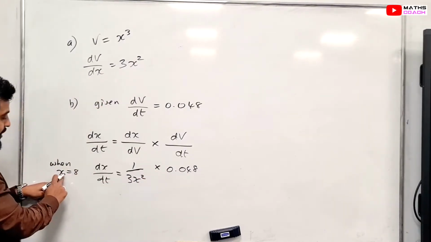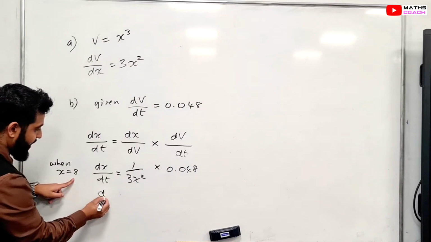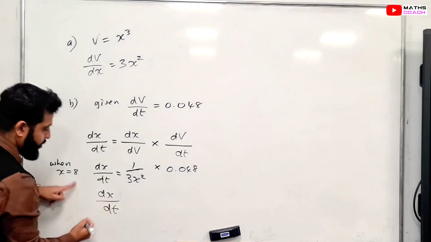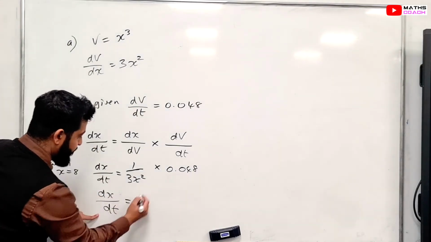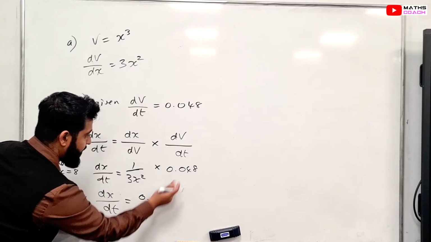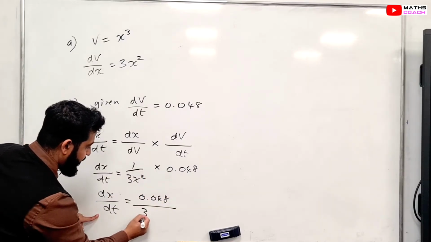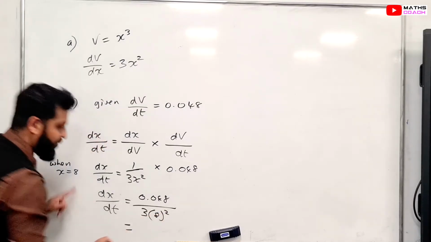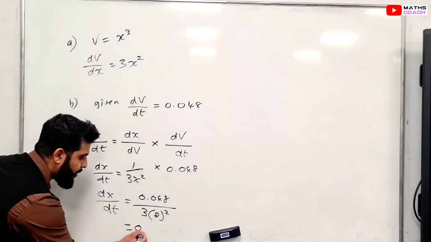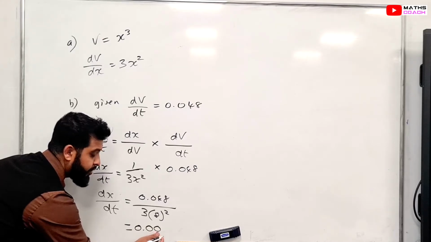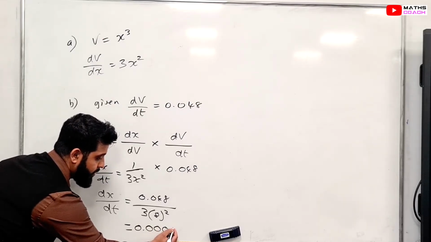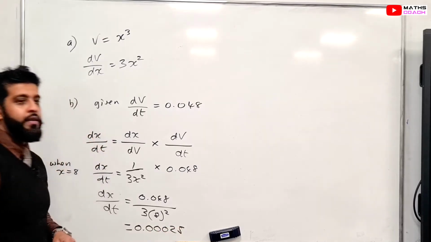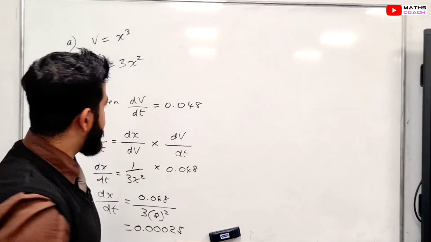We can substitute x as 8, and we have the complete answer to dx over dt. Let's put the 0.048 multiplied over the top, over 3 times 8 squared. If you can work that out on your calculators for me, it's 0.00025. There you have it.